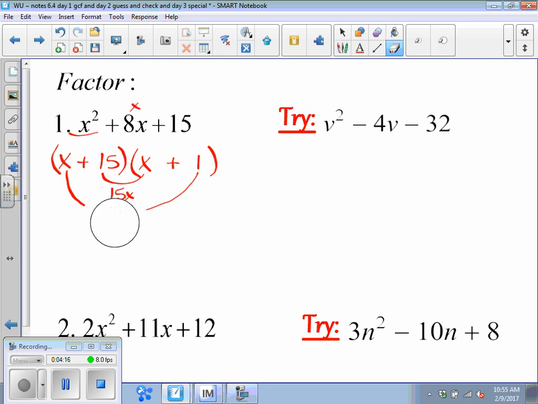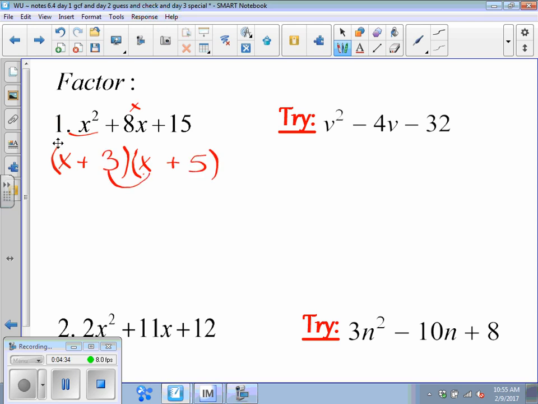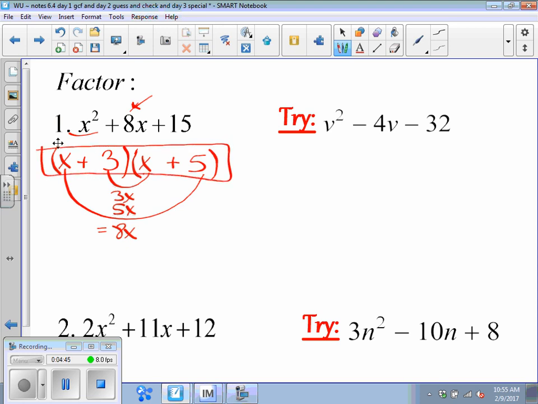So I know that 15 and 1 are not my factors. So 3 and 5. Positive 3x, positive 5x, that equals 8x. That's my middle term. So my answer is x plus 3 times x plus 5.